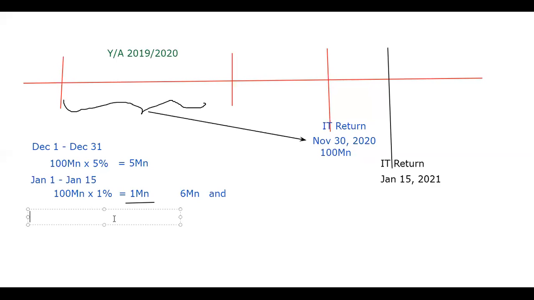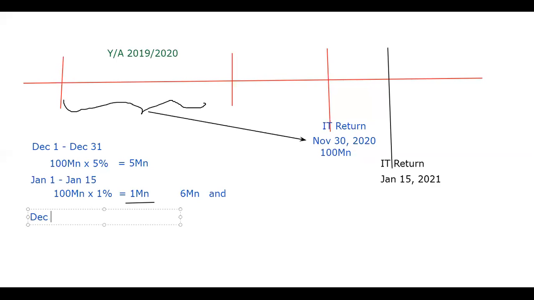It also says in section 178: 50,000 plus a further 10,000 rupees for each month or part of the month during which the failure to file continues.